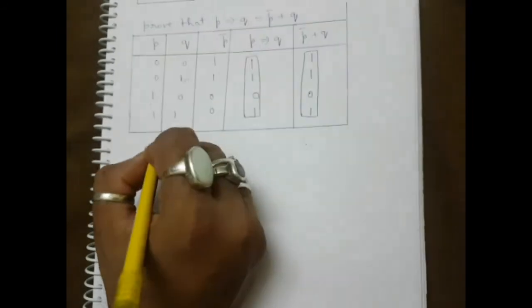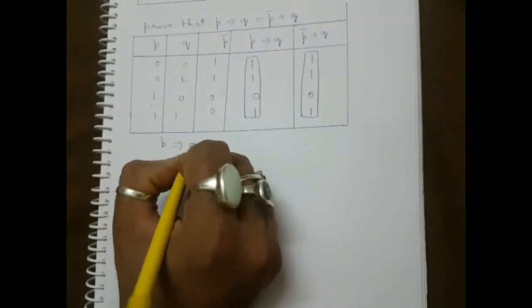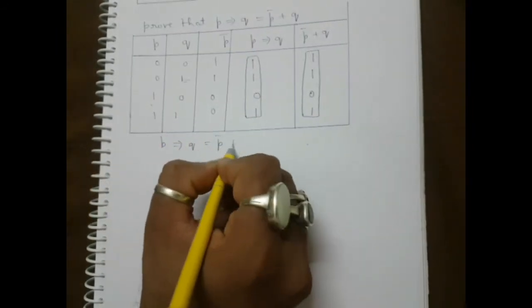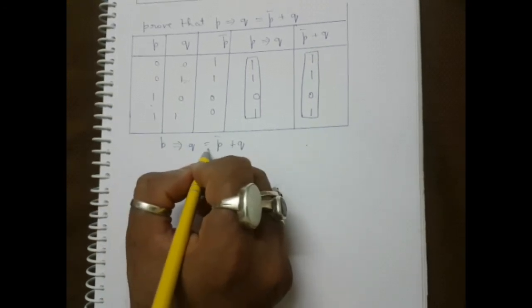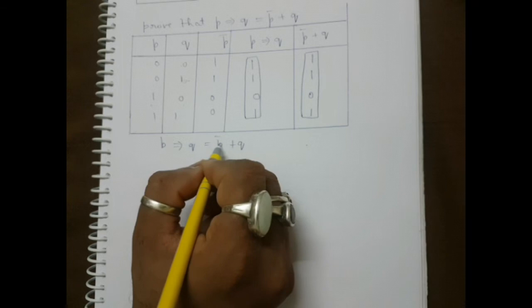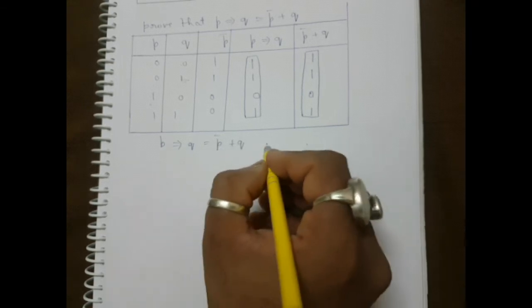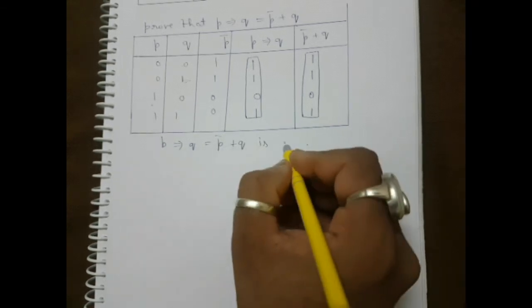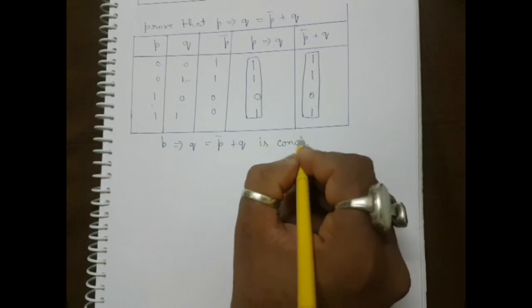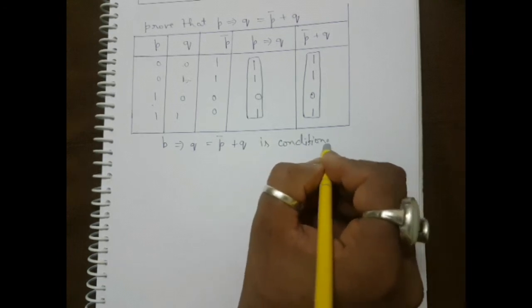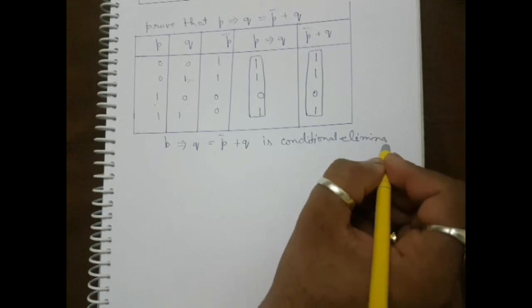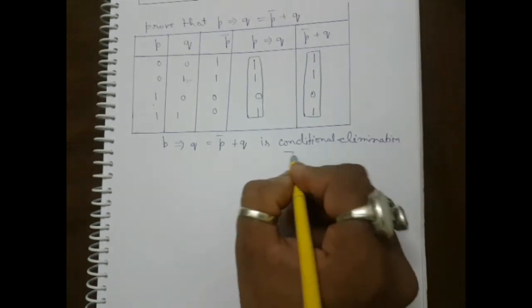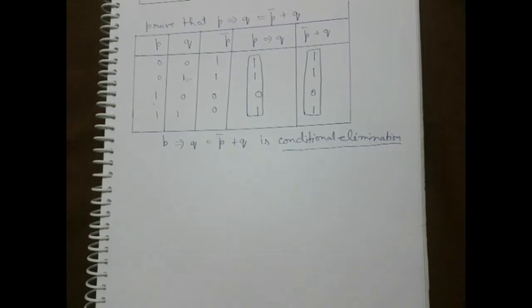P conditional Q equals P complement plus Q is known as conditional elimination. Alright, so always remember that.